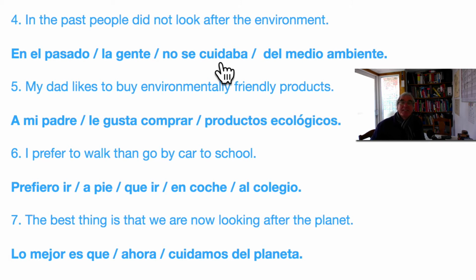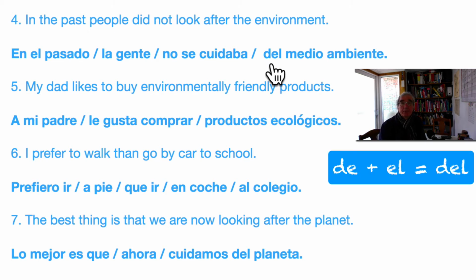And here you could say did not look after, or did not used to look after the environment. Del medio ambiente. Now what we've got here is the word de, meaning of, and el, meaning the, and they've fused together to form the word del. So, cuidaba del medio ambiente.